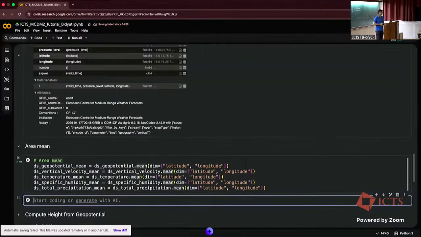I'm just considering the whole box as one and doing an area average for all the variables over that grid box. I'm going slow because you already have the code. You can see it and just run it. But if you're finding any issues, just share with us so that if anybody else is facing the same issue, we can share.